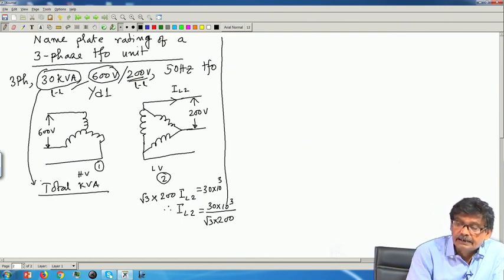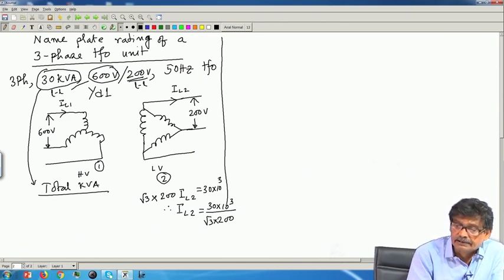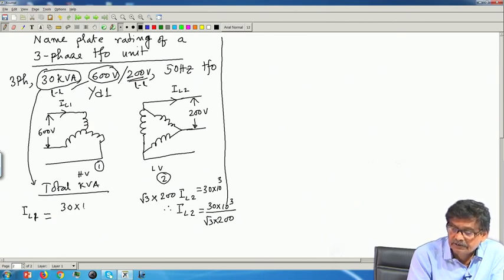Similarly, for the primary side line current, that is IL1, neglect the no load current, which will be 5% of the rated. This is the rated line current of the secondary side. Similarly, the rated current on the primary side line current IL1 will be equal to the same kVA, 30 into 10 to the power 3 volt ampere, by root 3 into 600.